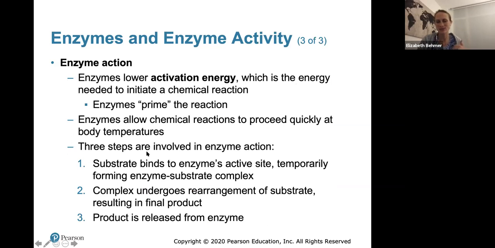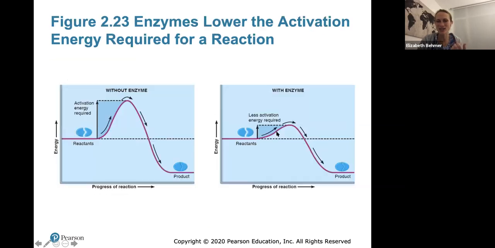And there's 3 steps involved in an enzyme action. I'll kind of go over those steps in a little bit. I don't think I ask you too many specifics about enzymes, but you should know that they help to lower the activation energy required for a reaction.